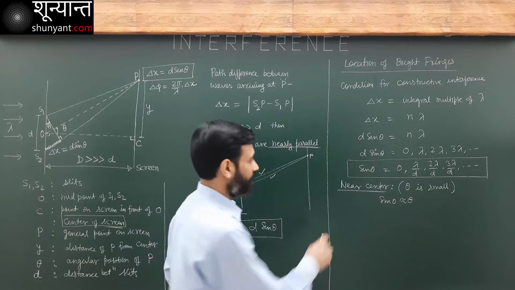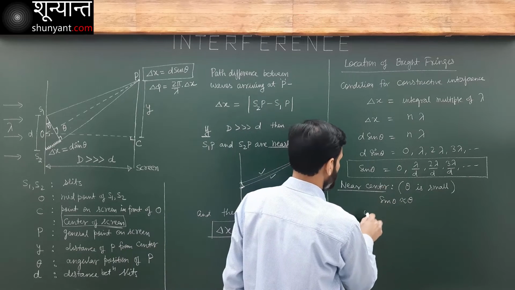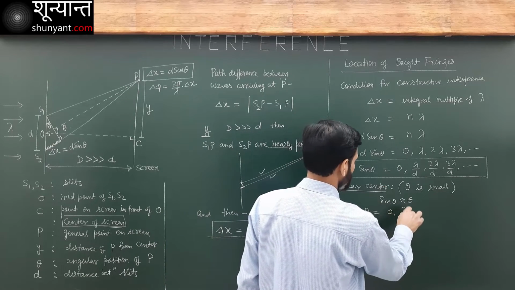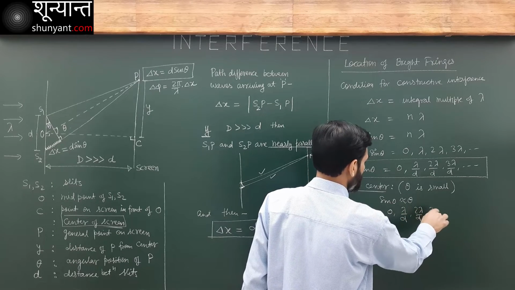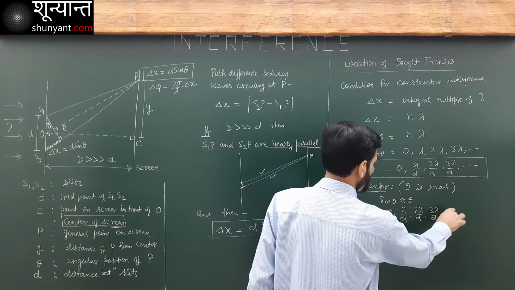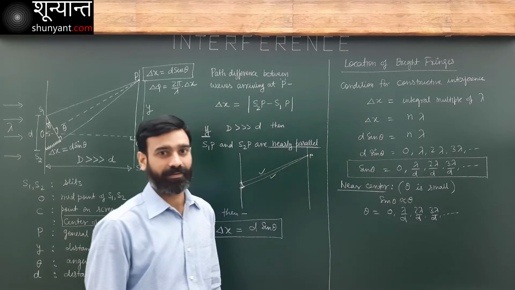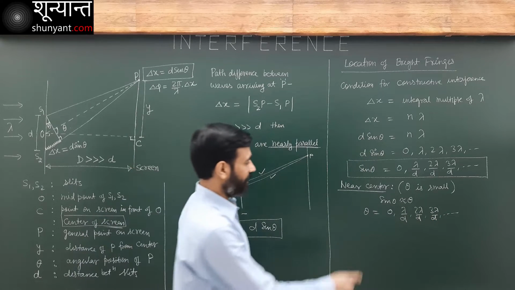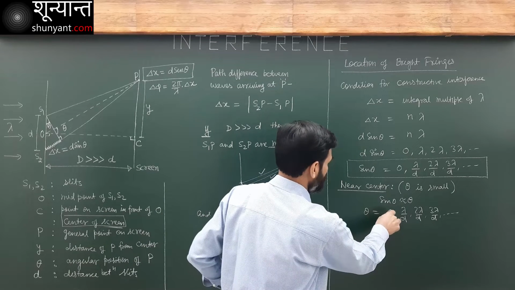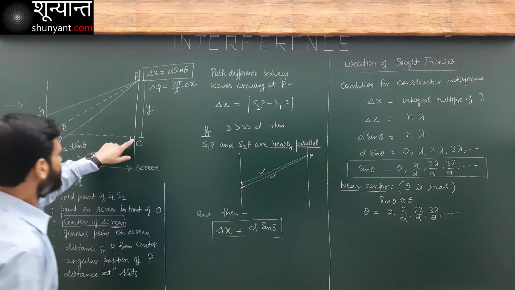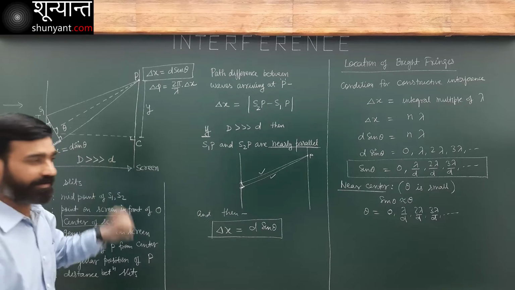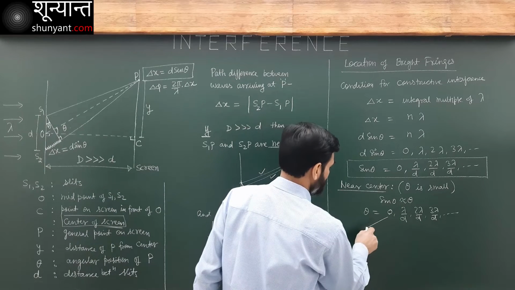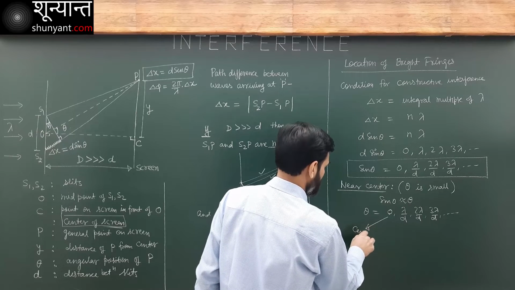Is that fine? So I can write theta is equal to 0, lambda over d, 2 lambda over d, 3 lambda over d, and so on. Understood? Now, at 0 here, what is 0? This is the position of the center. This is the center of the screen.